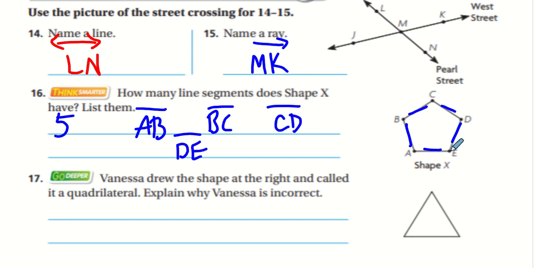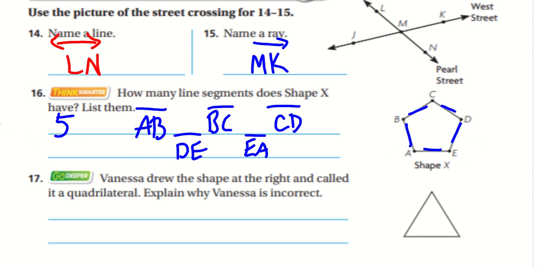The last one is from E to A. So we have EA and just a line above it. No arrows, just a line on top showing that it's a line segment instead of a line. Okay, so there was 5, and you should have all 5 of them listed. AB, BC, CD, DE, and EA.